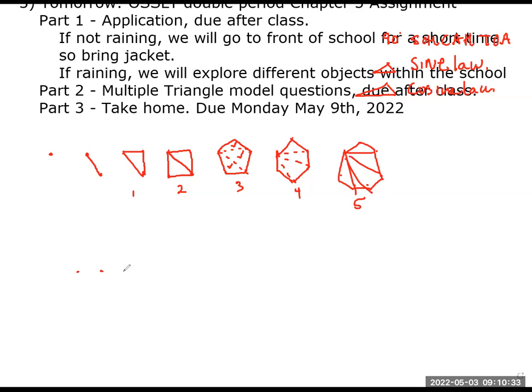Now I'm going to continue on, and pretend that there is an infinite number of sides in this shape. And if I were to connect the dots, well, there's an infinite number of triangles, right? What does that shape look like?